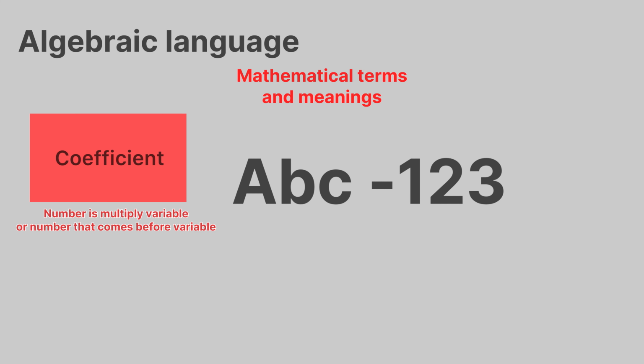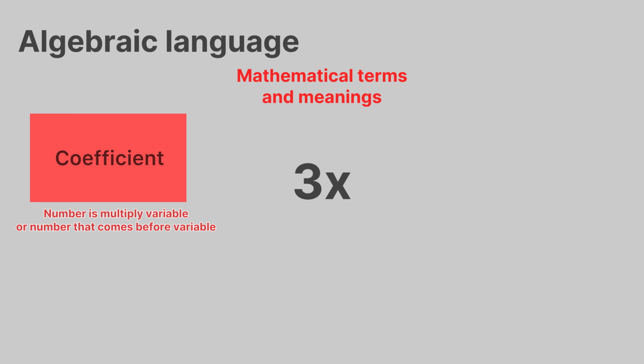So if I have 3x, 3 is multiplying that x. Because 3 is a number and x is a variable, then we can say 3 is a coefficient. Why? Because 3 is a number that multiplies with a variable, or a number that comes before a variable.